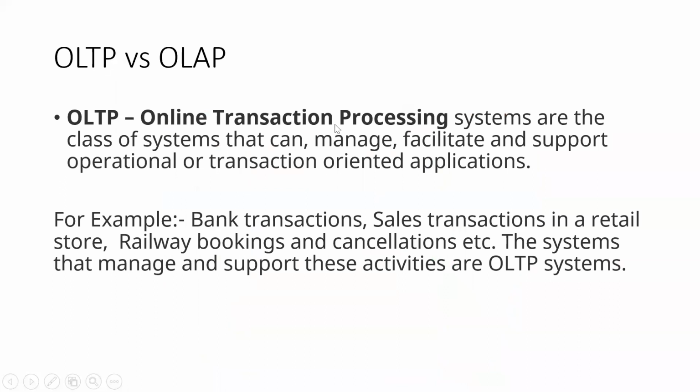OLTP means online transaction processing system. Whatever we store at the transaction level in the source system, that is the OLTP system. OLTP, online transaction processing systems, are the class of systems that can manage, facilitate, and support operational or transaction oriented applications.